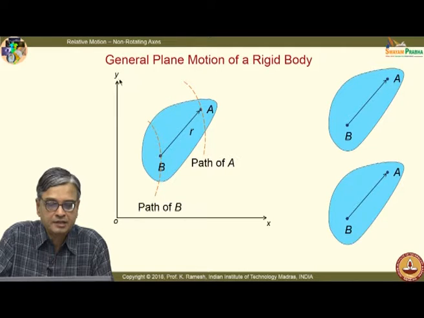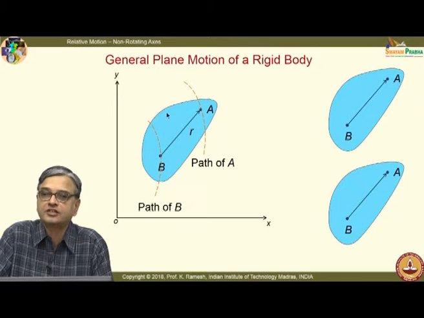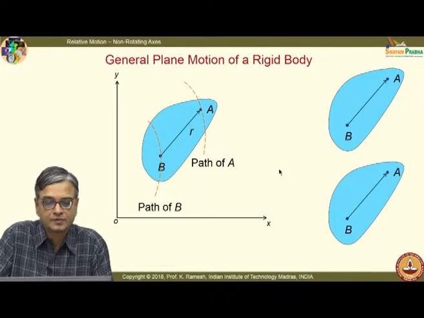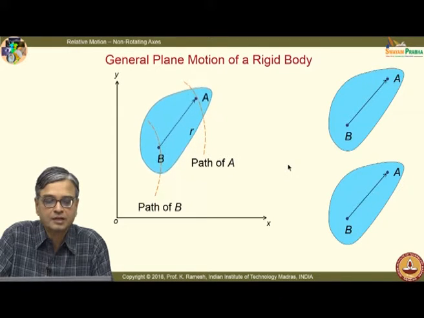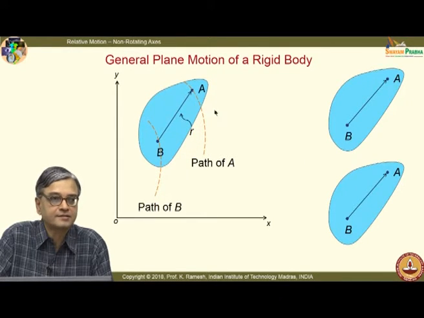And what I am going to do is develop the generic equations. So, I would consider general plane motion of this rigid body. Let us look at the general motion, and it moves to another position like this.